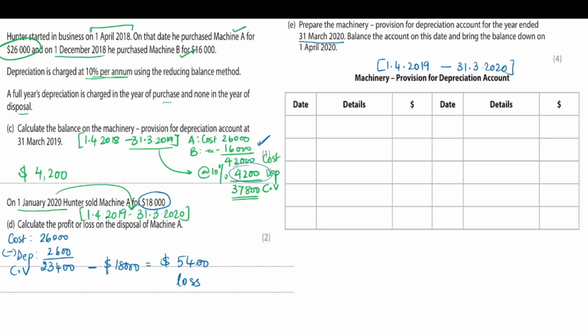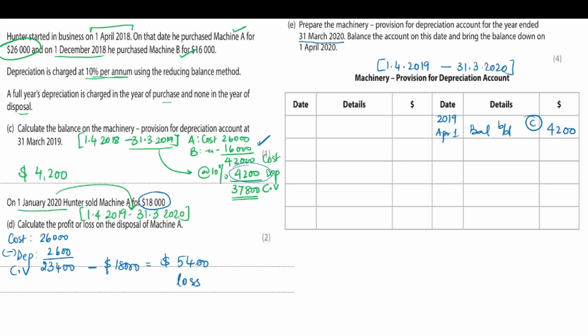That means on 1st of April 2019, balance brought down will be 4,200 as well. So 2019, April 1st, balance brought down 4,200 from your part C. So this we have taken from part C. The calculation you can look there.